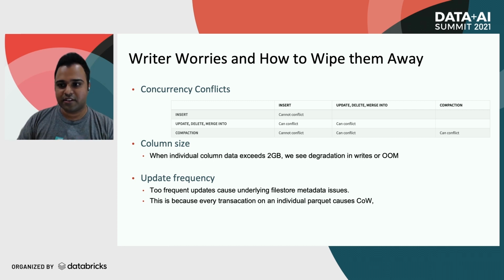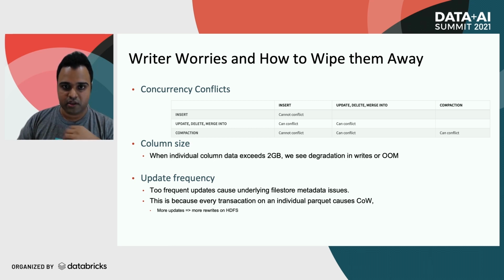And the internal reason why this matters is that every single transaction you do on an individual Parquet partition causes a copy on write, where Delta has to take the entire partition, make the mutation, and then write it back. So the more updates and transactions you do, the more rewrites there can be on the HDFS.